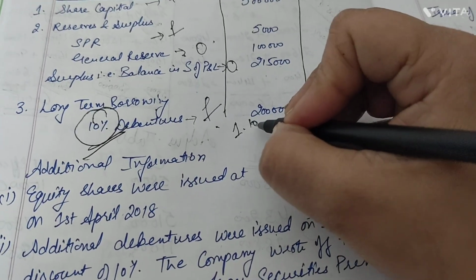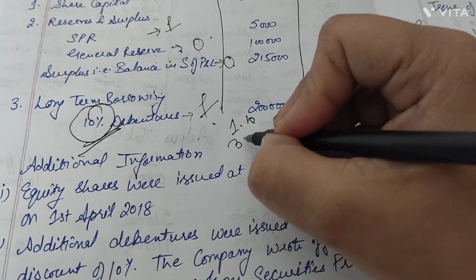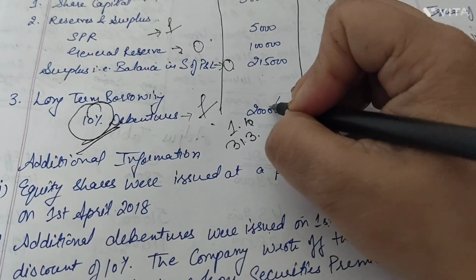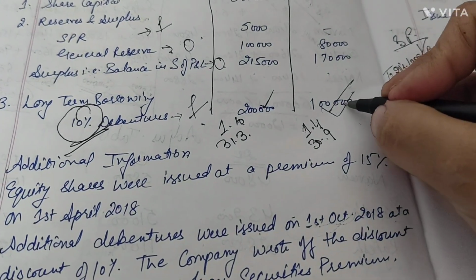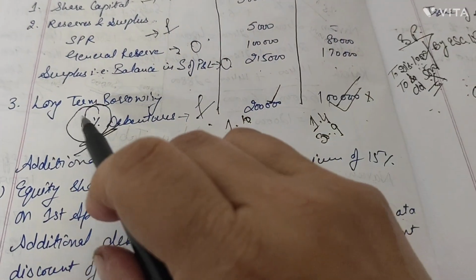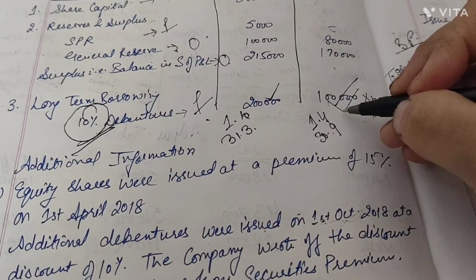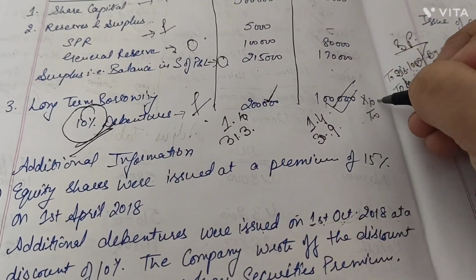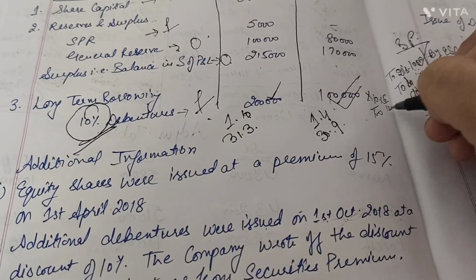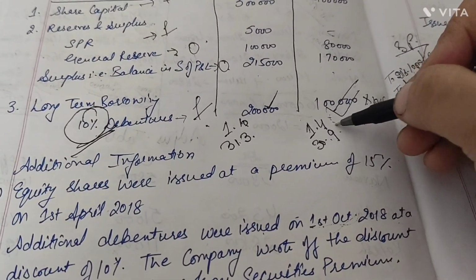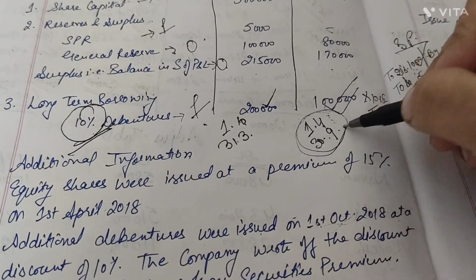So from 1st of October till 31st of March, how many debentures were there? 2 lakh. And how many months are there? 6 months, April, May, June, July, August, September, right?